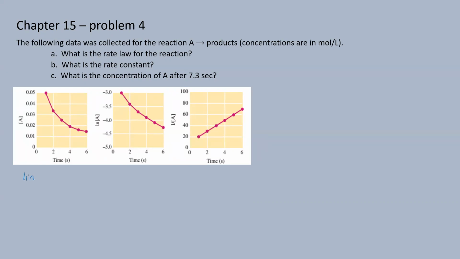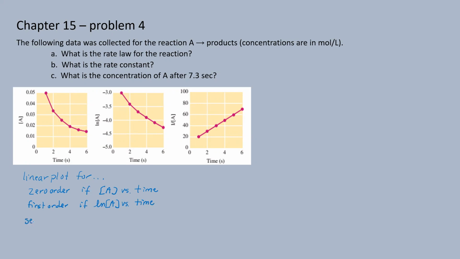So you should get a linear plot for 0 order if it's concentration of A versus time. If it's first order, you'd get a linear plot if it's natural log of the concentration of A versus time.